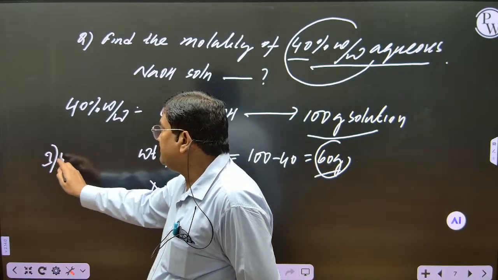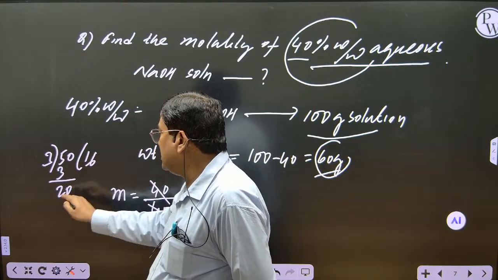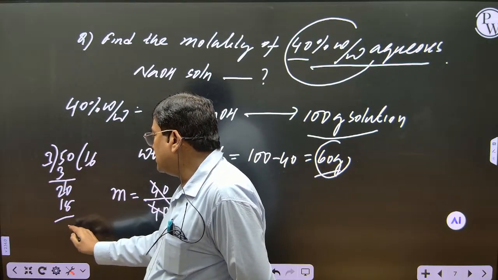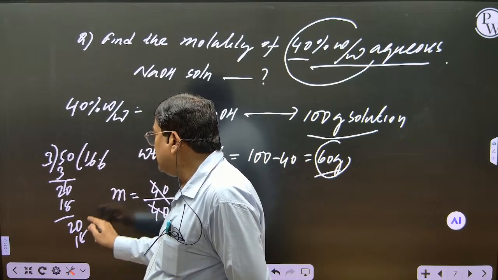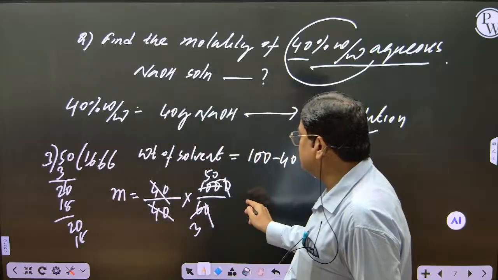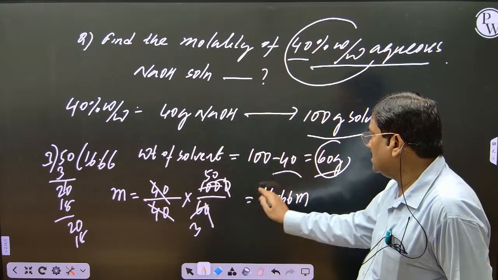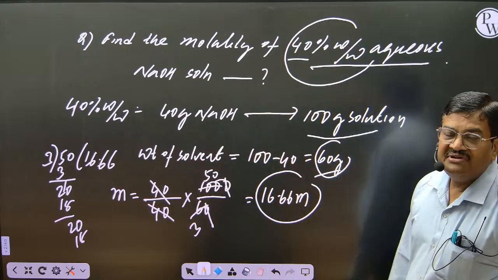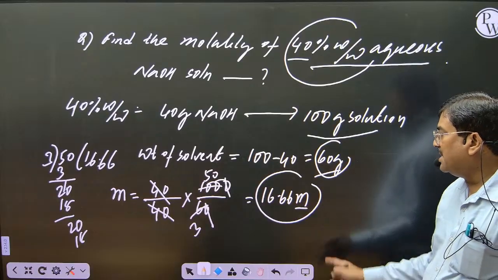So when you simplify 50 upon 3, 3 1s are 3, 0, 3 6s are 18, and so on. The answer comes to 16.66 molal. Check, everyone got the same answer, 16.66 molal or mole per kg.